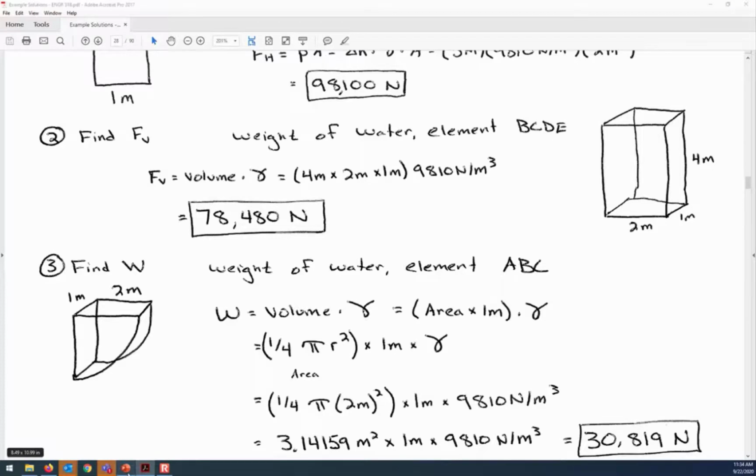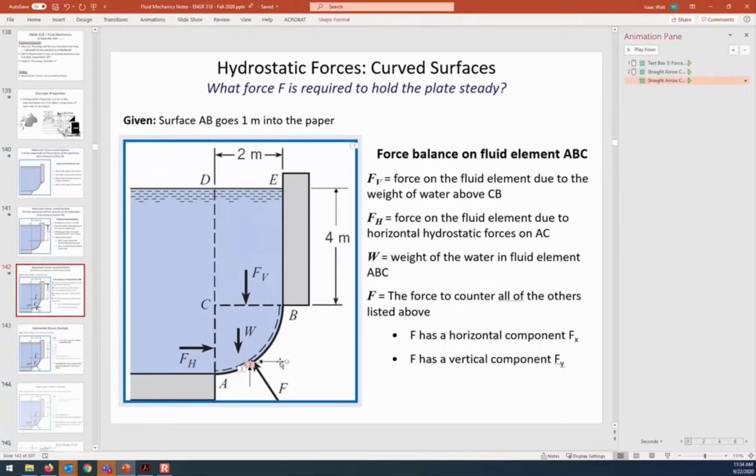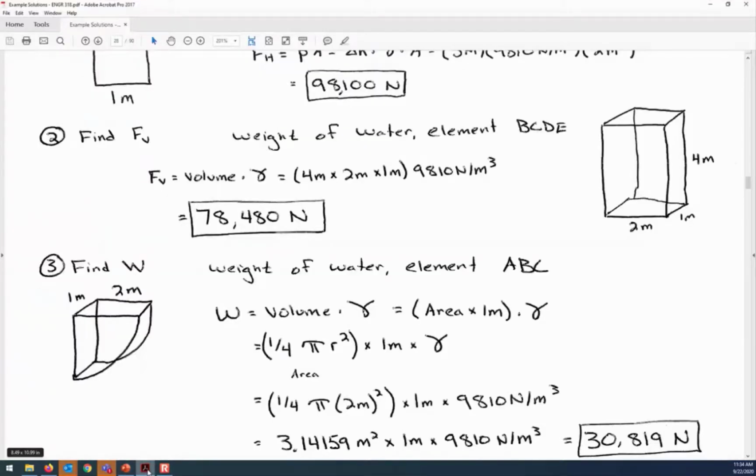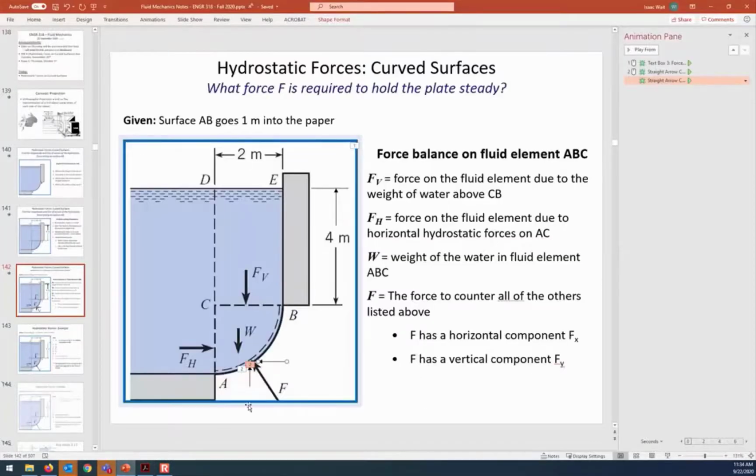All right. Step 4 was find Fx. Now what I mean by Fx is it's this horizontal force component of the resultant. So if Fh, as we just calculated up above, Fh is 98.1 kilonewtons, Fx is going to be the opposite direction and the same magnitude, because that's the only horizontal force that there is.